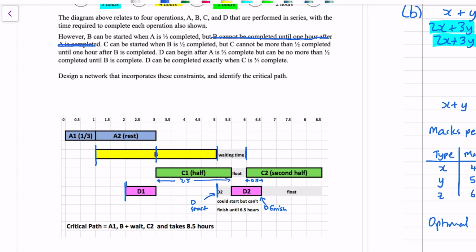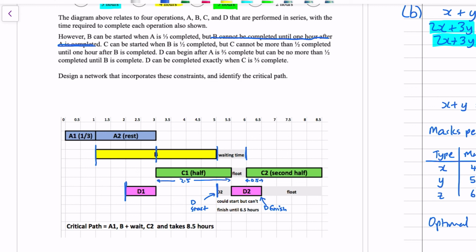No, we have to have an hour waiting time. Okay, so B's critical. B has to start at 1 and finish at 5. If it goes beyond that, then C2 is going to get delayed, because the second half of C can't start until 1 hour after B is completed. So that waiting time after B counts as an extra hour of B, essentially.